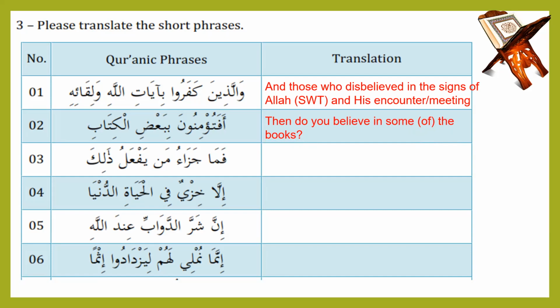فما جزاء. Fa is so, what reward. From يفعل, من يفعل. Not from, it is man. So what will be the reward of the one يفعل ذلك, who does that?